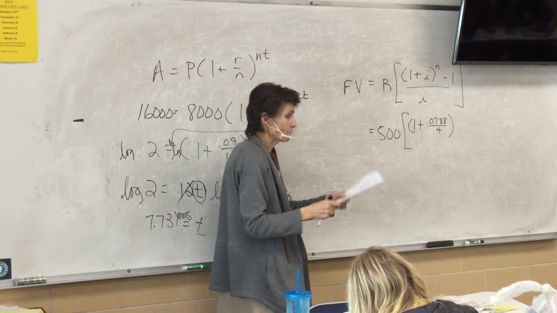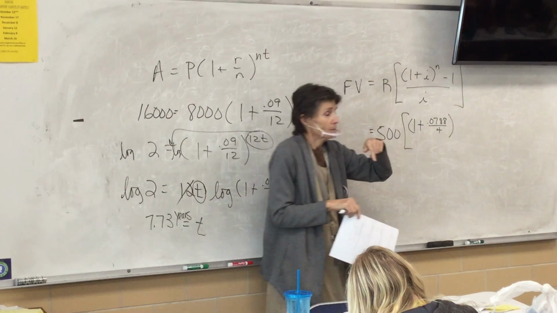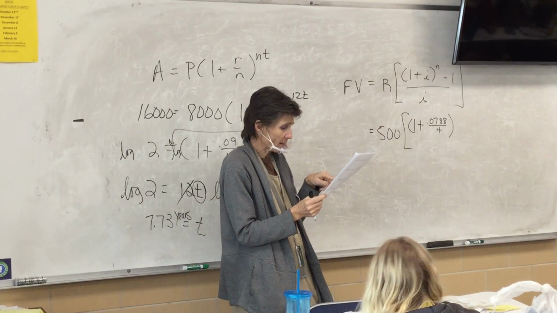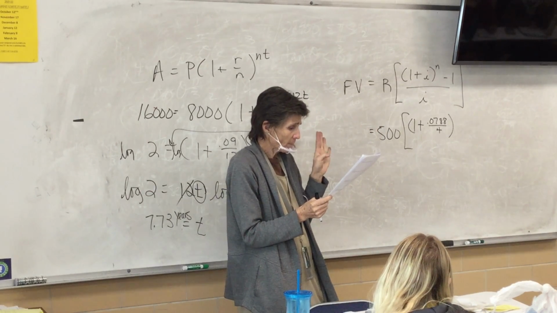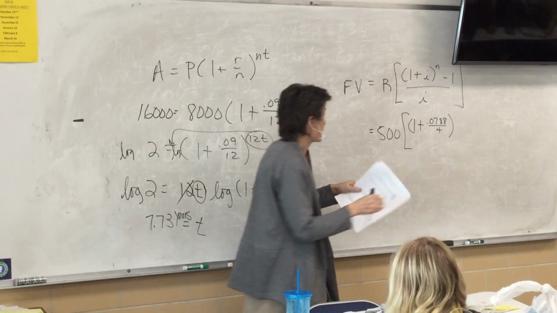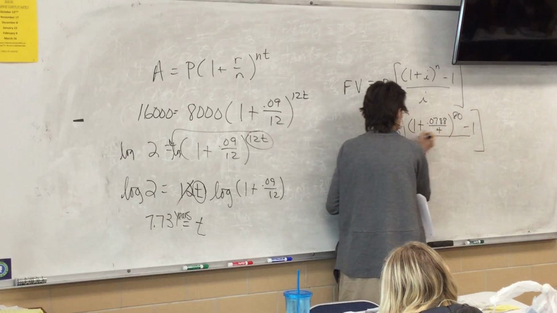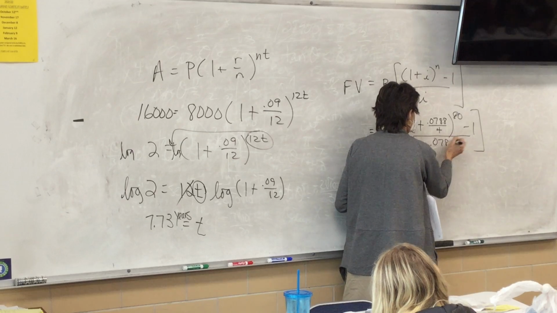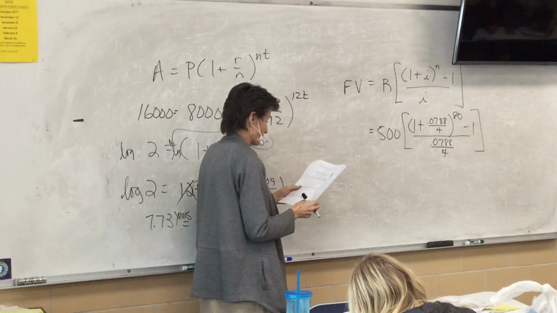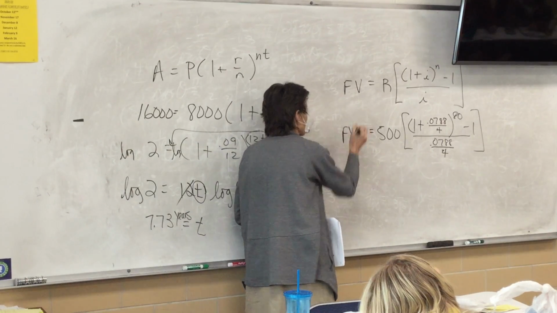And remember in this formula, N is the total number of payments she's making. So she's making 4 payments a year for 20 years. So that's going to be 80. And that's going to give me the value of her fund.